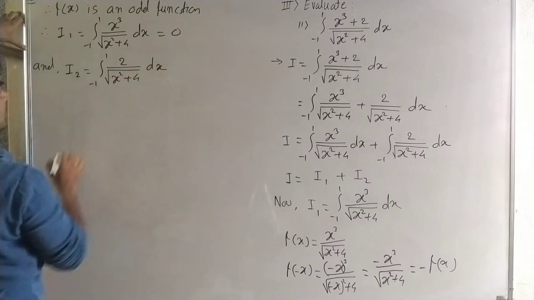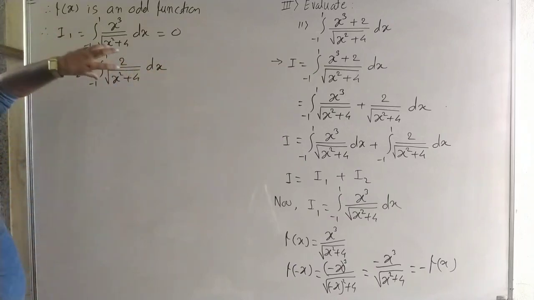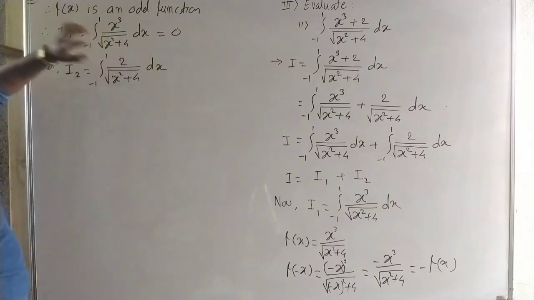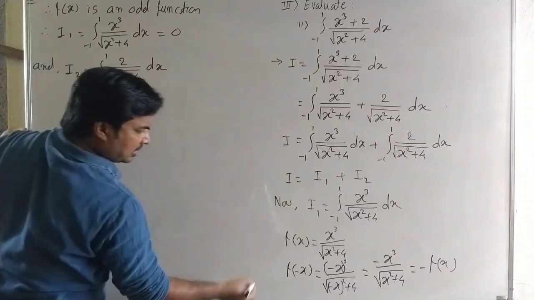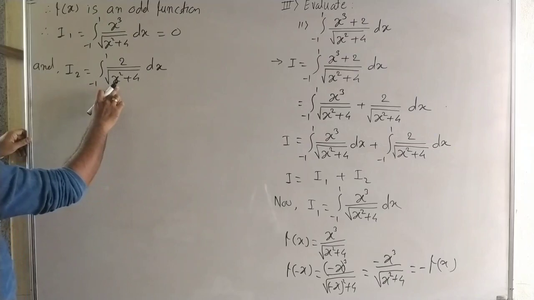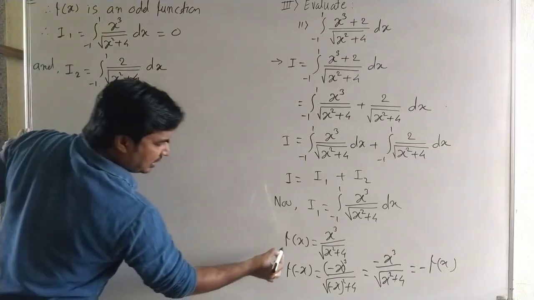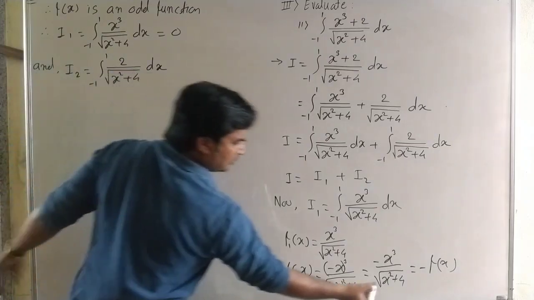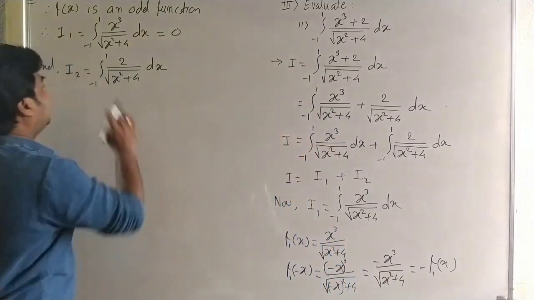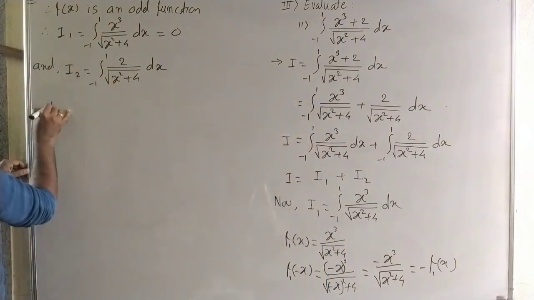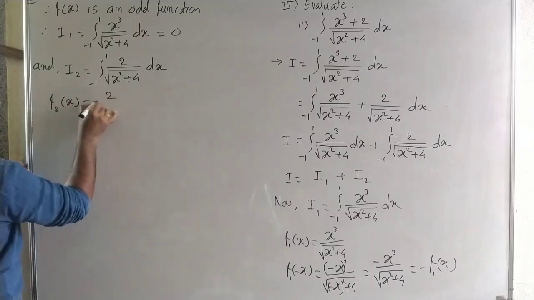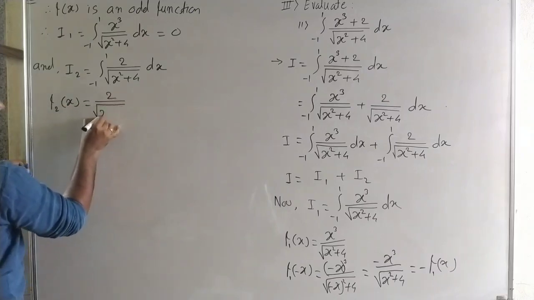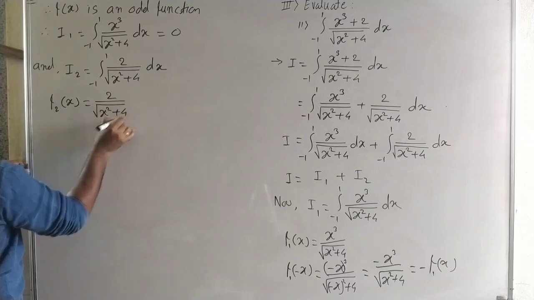See carefully. Now it is a function. First we check whether it is even or odd. Therefore, let f2 of x be equal to 2 upon under root of x square plus 4.